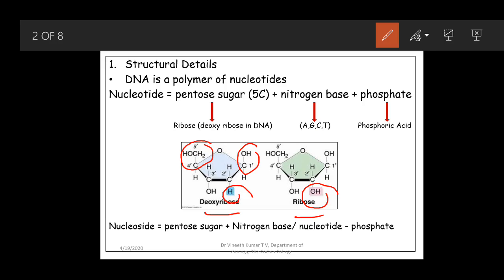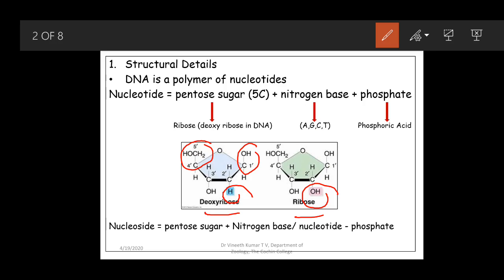Here you will note the numbering of the carbon. It is represented as 1', 2', 3', 4', and 5'. The numbering is to distinguish these numbers from the numbers in the nitrogen base, because we'll see in the next session that the nitrogen bases are also ring structures, and hence the numbers are given as normal 1, 2, 3, etc. So to distinguish the numbers of the sugar and the nitrogen base, they have given such a numbering system.